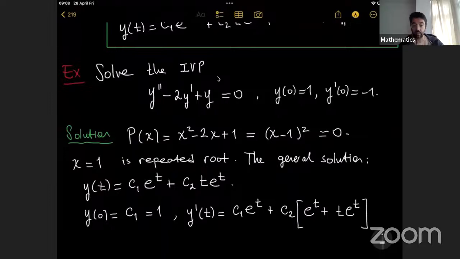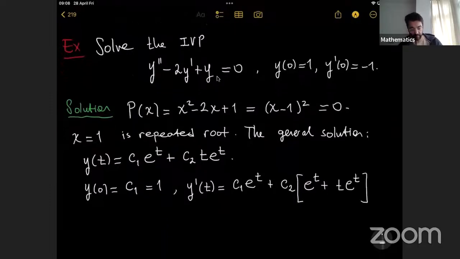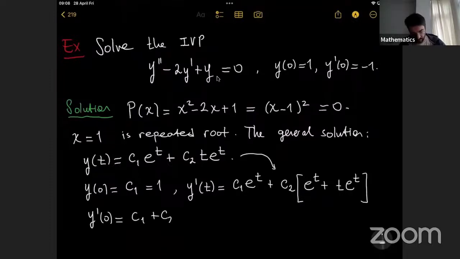Okay, we take the derivative of y from here. And we get what? We get y prime 0 is C1 plus C2, right? Which is equal to minus 1.